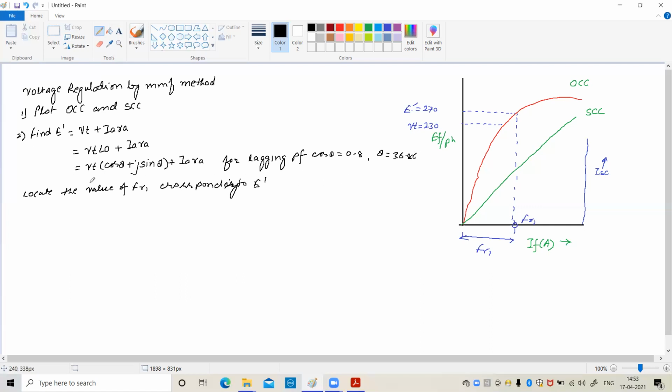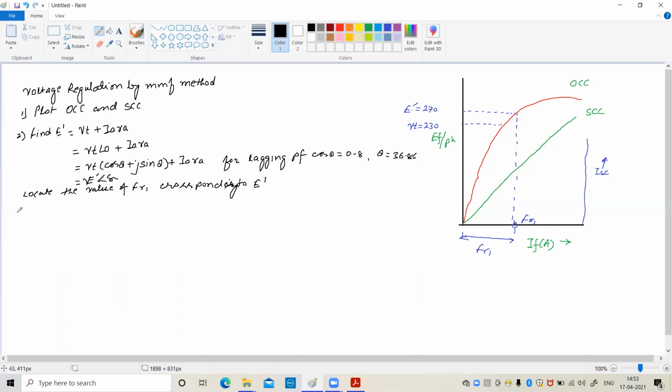Now after this, you are going to find out the magnitude of E dash at an angle, say this angle is delta, or its angle is say alpha. For our simplicity, this angle is alpha.